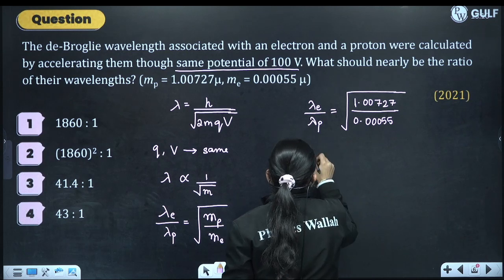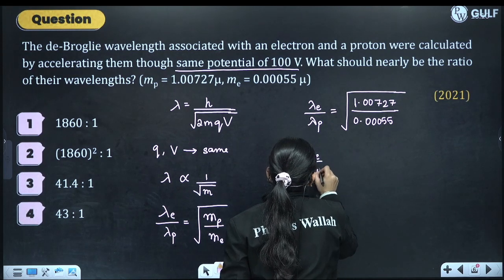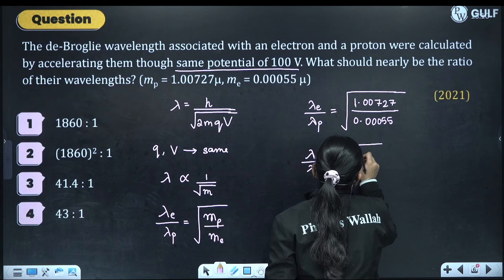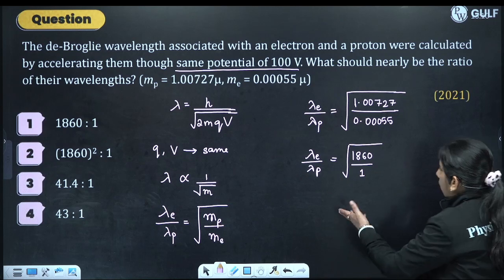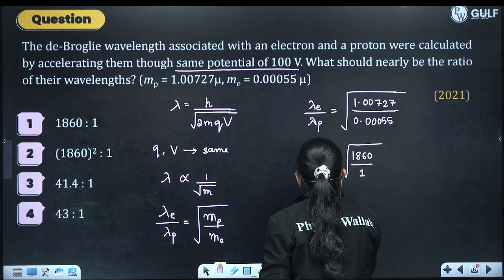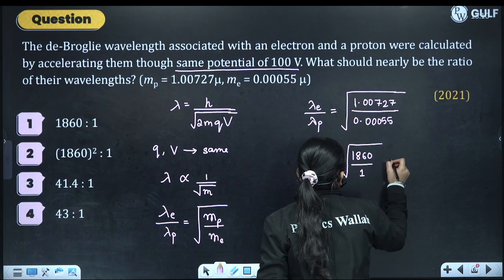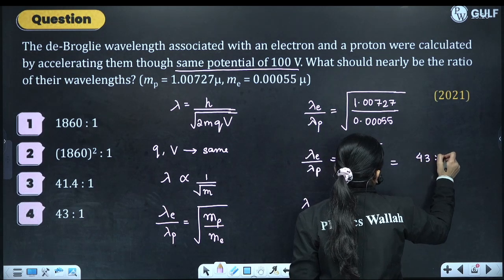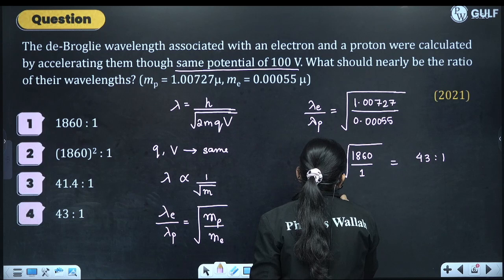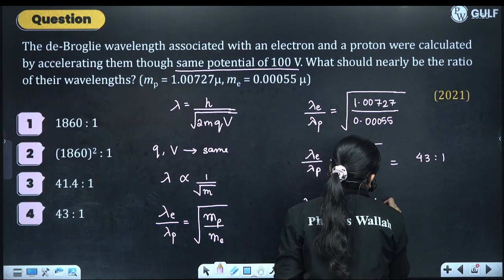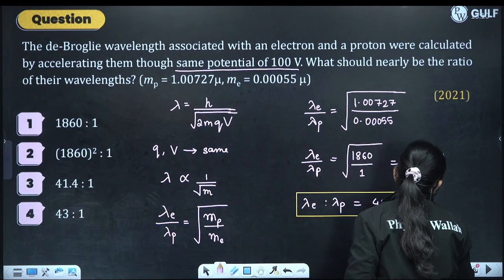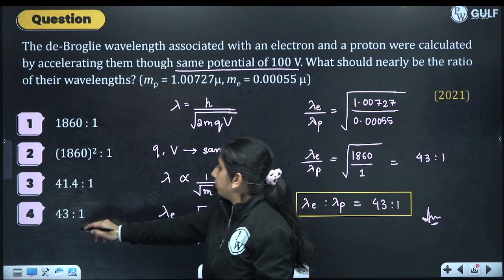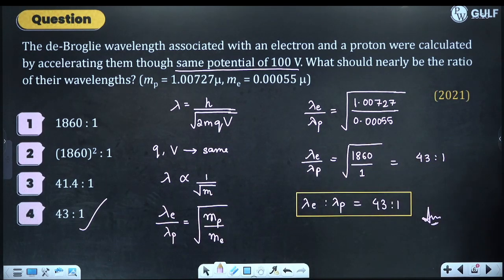When you solve it, it will come out as approximately under root of 1860 by 1, which is approximately 43/1. So lambda E to lambda P is equal to 43/1. Option number 4 is the answer.